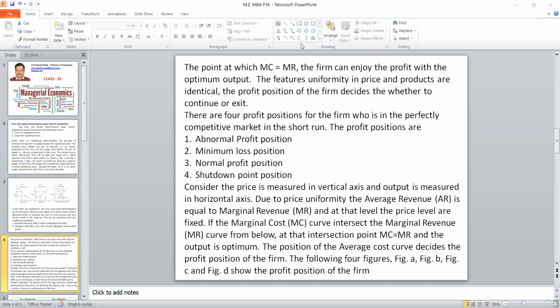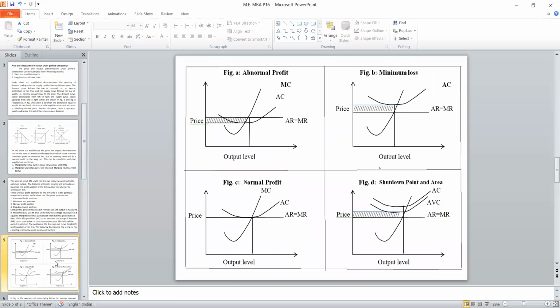Now, let us move to the actual part of the thing. Please see the figure. Here, there are 4 different figures. Because the price has uniformity, equal price, the average revenue is equal to the marginal revenue. So, AR equal to MR. Because there is price uniformity, that particular curve is parallel to the output axis.